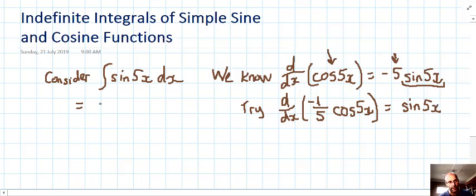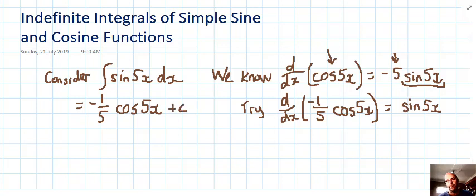So going back the other way, the integral of sine 5x will be negative 1/5 cos 5x plus c, plus arbitrary constant. It can be any constant at the end of that.